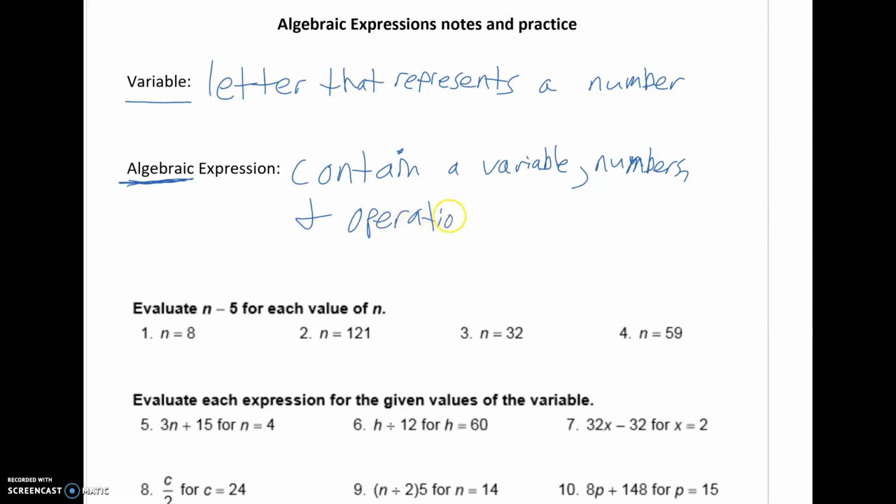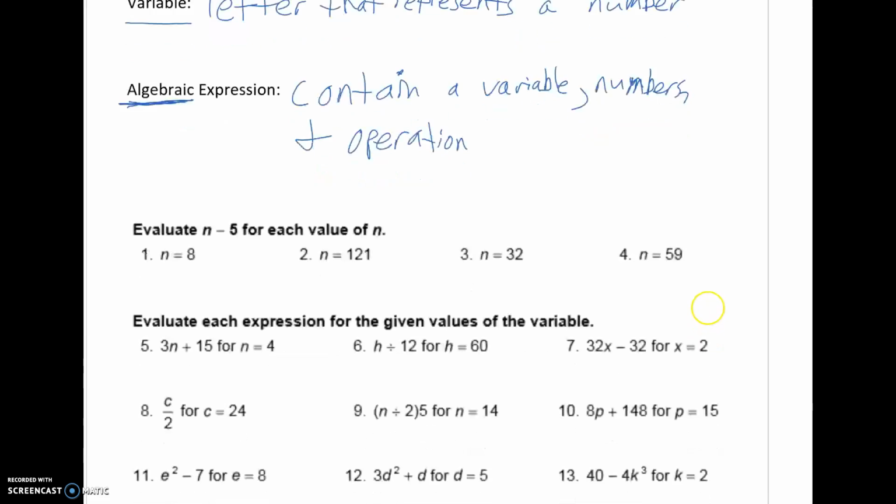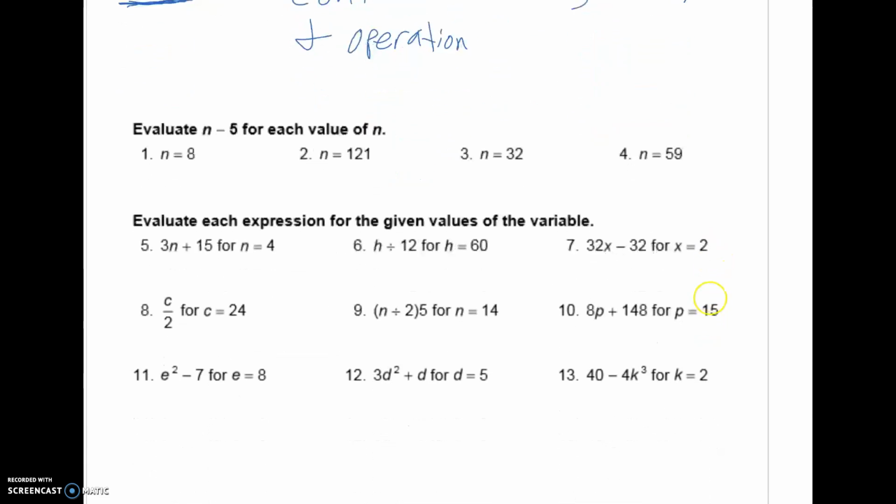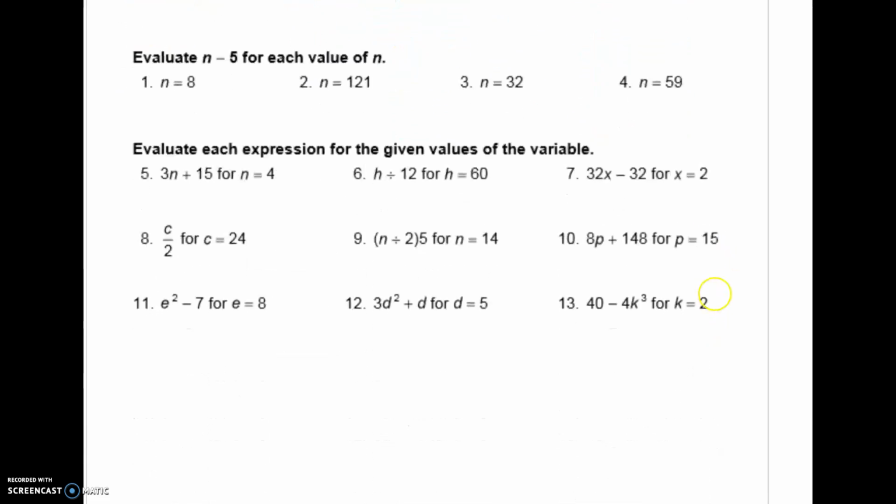Okay, so before we've talked about how a numerical expression contains numbers and operations. To add to that, you add a variable in there, it becomes algebraic. Okay, let's start doing some algebra skills. So let's move down here and work on some problems.